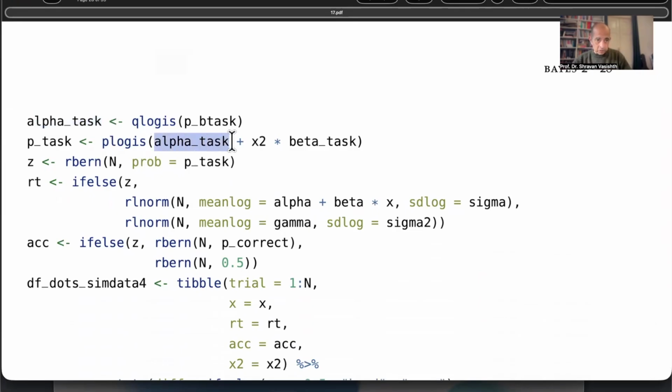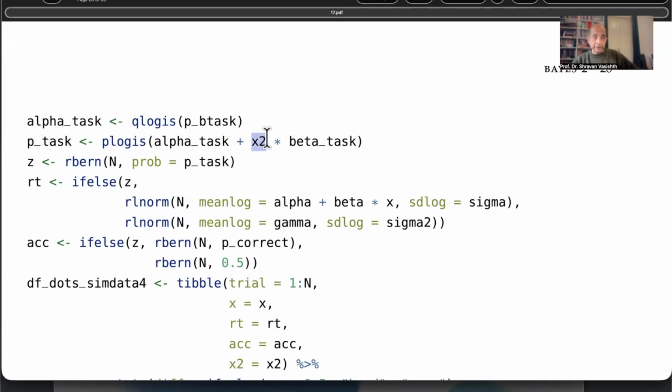So here's log odds space. We are now producing a probability of task engagement as a function of the instruction. So these are the alpha and beta parameters right here in log odds space. And that's why we pass it through the plogis function to get back the value in the probability space.